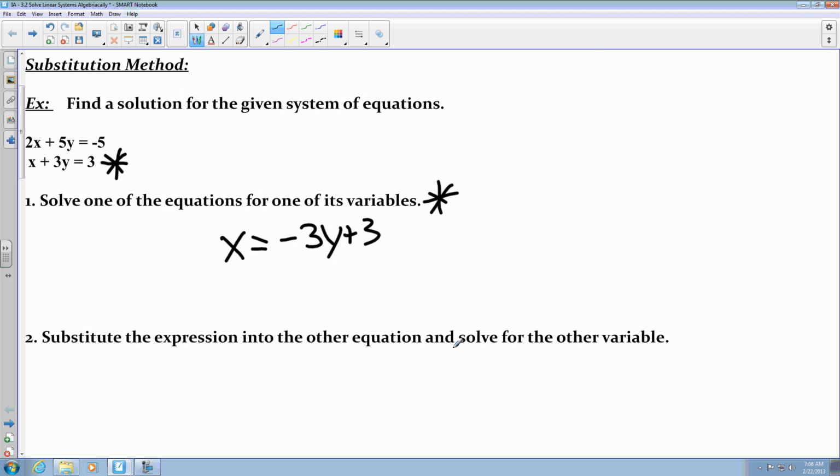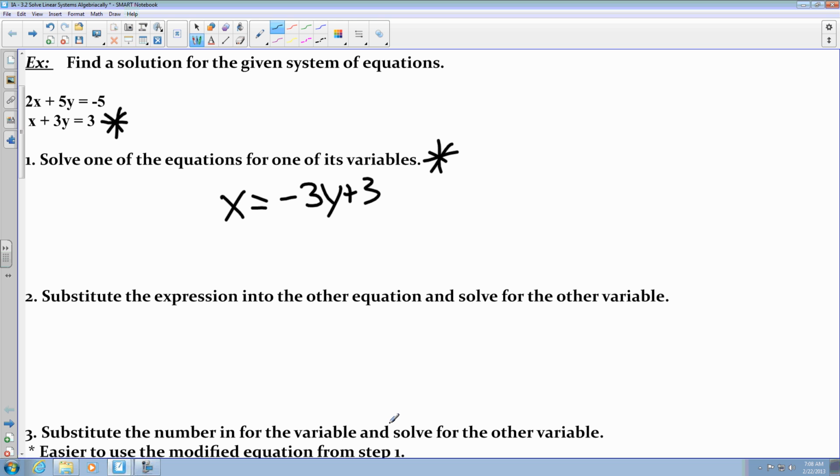Second step is I want to substitute the expression into the other equation and solve for the other variable. I'm looking at this equation right here. I know that x equals -3y plus 3, and I also see that I have an x in that equation.